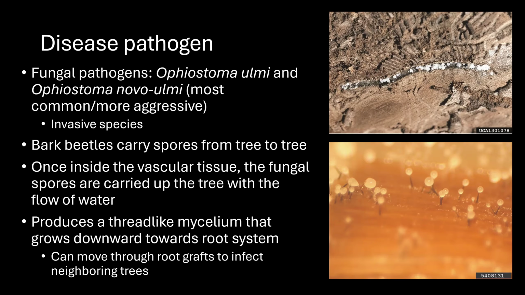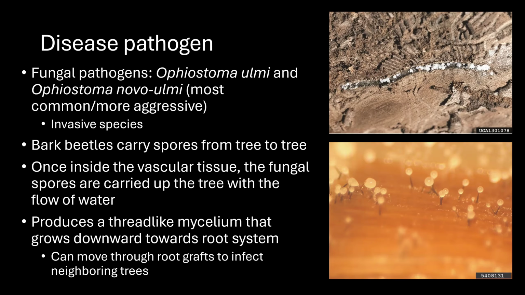What do I mean by a root graft? With elm trees, it's possible for them to form these grafts that allow water and nutrients to flow from one tree to the other. There's this interconnectedness between these trees that allows water and nutrients to cycle to each other. It's a whole network.